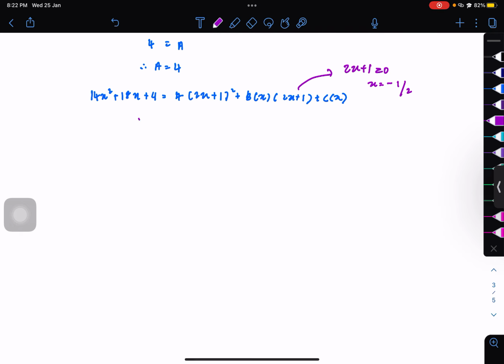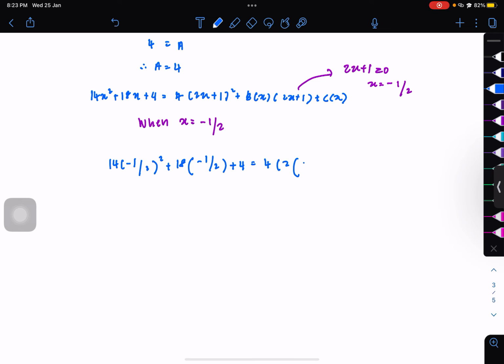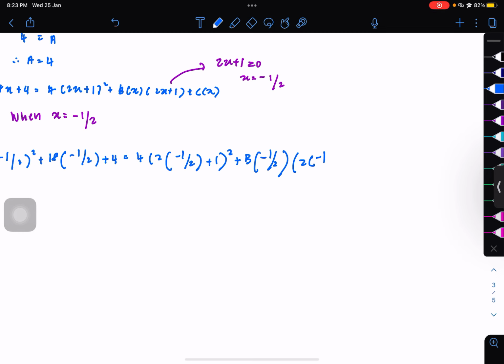So when X is equal to negative 1 over 2, you substitute in your equation: 14 times negative 1 over 2 squared, plus 18 negative 1 over 2 plus 4 is equal to 4(2 negative 1 over 2 plus 1) squared plus B negative 1 over 2 times (2 negative 1 over 2 plus 1) plus C negative 1 over 2.